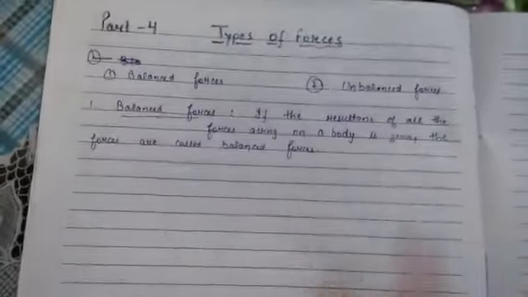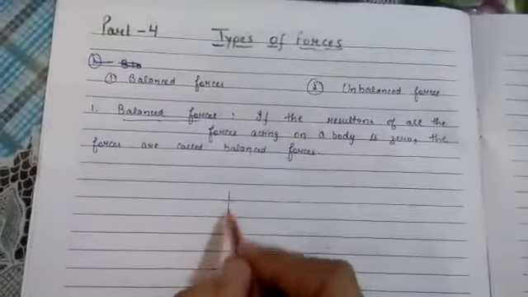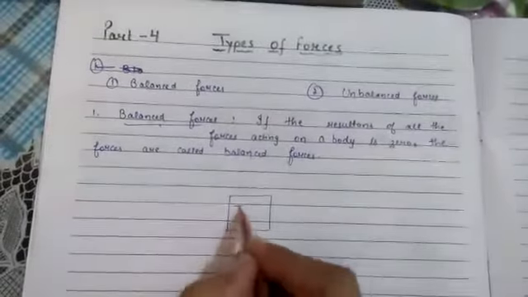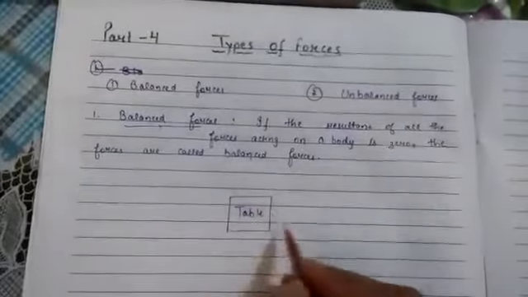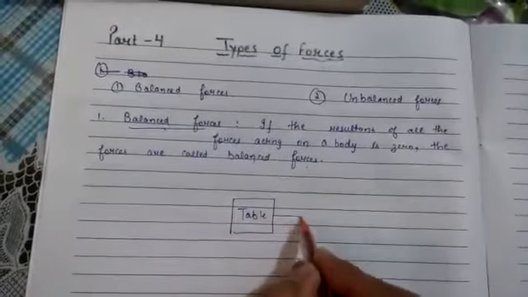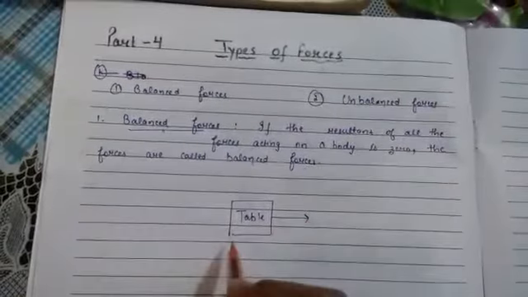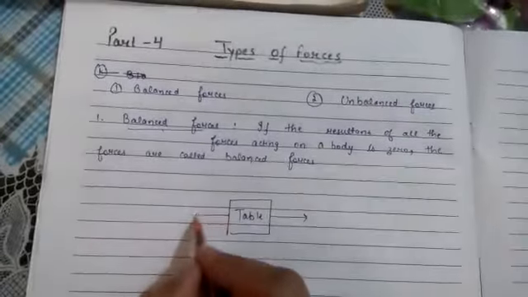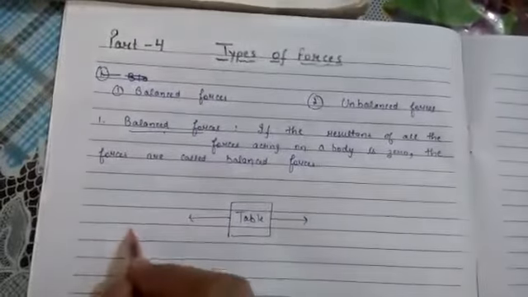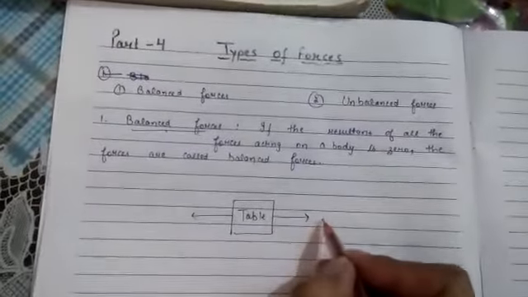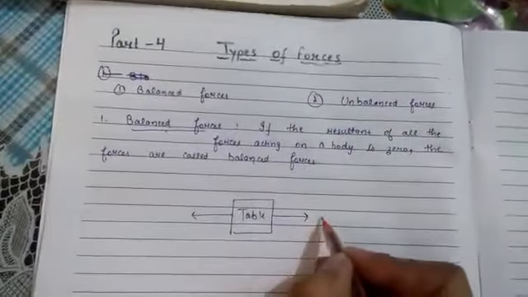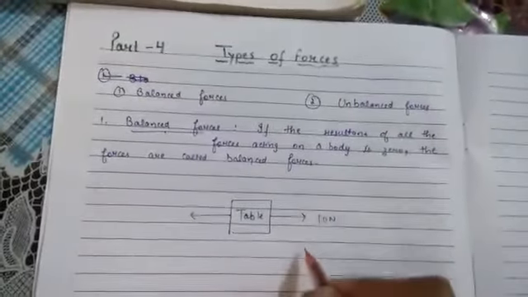See with the example. Suppose this is a table. Two students are there. One student is pulling this table to this side, and one student is pulling this table to another side, in the opposite side. Suppose this student is pulling this table with 10 Newton force.